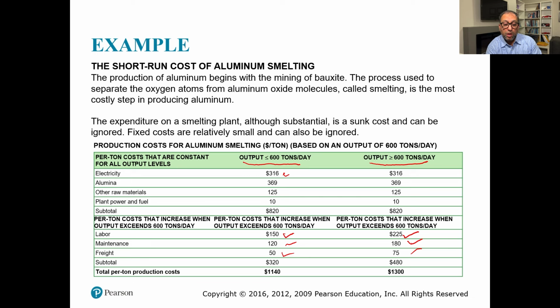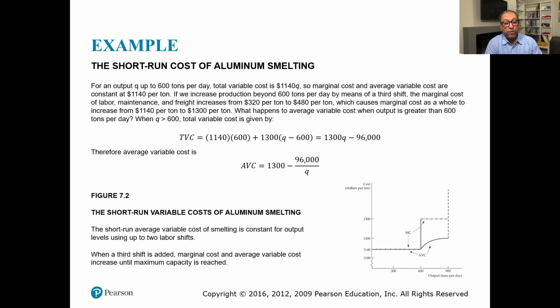Now you see these costs are the same, but these costs change when we increase the capacity, or when we run the plant for 3 shifts.